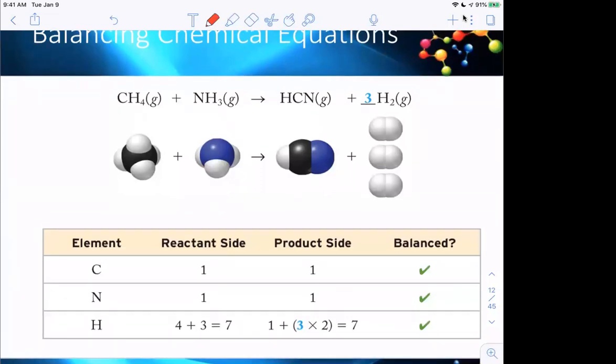I can get 7. 3 times 2 hydrogens is equal to 6. And then I have this other one. So that gives me 7 hydrogens on that side.